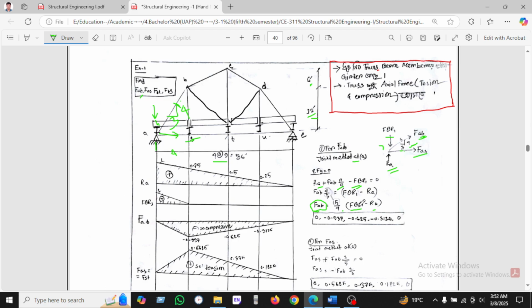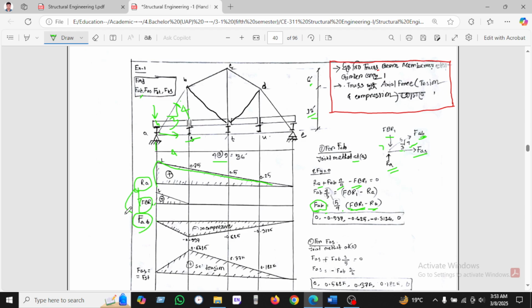So we just have to draw RA and floor beam 1. This is the RA, the reaction of RA influence line, and this is floor beam 1. After getting this floor beam 1, we can draw the influence line diagram of RA.